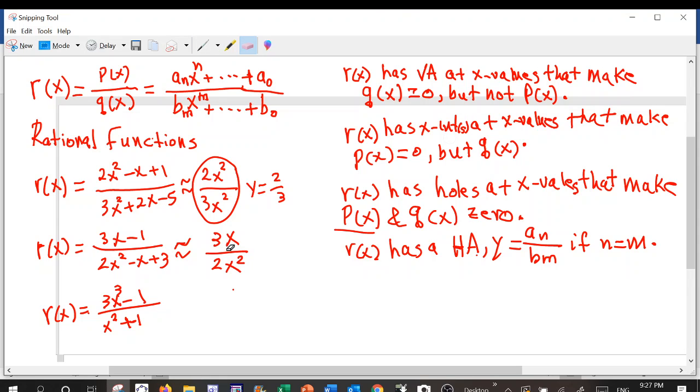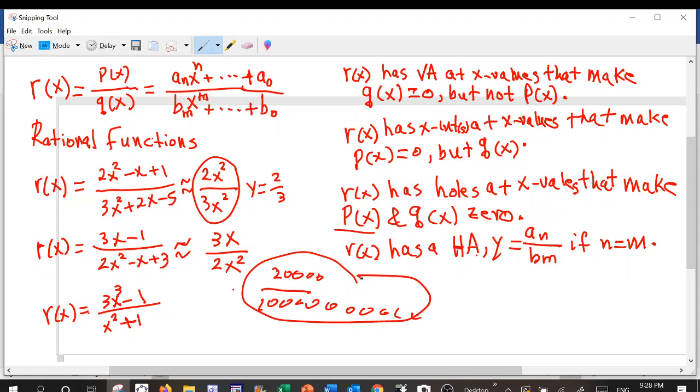So we end up with a huge number in the denominator and a much smaller number in the numerator, something like, let's say, 200 over 10,000. As x gets bigger and bigger, this becomes much bigger compared to that one. This becomes bigger too, but not as much as this one. So eventually this whole fraction goes to 0.